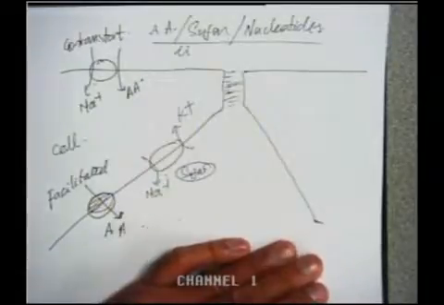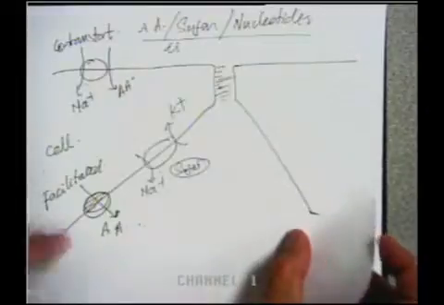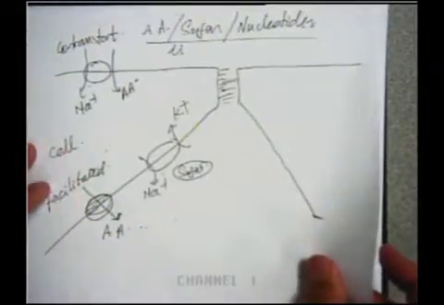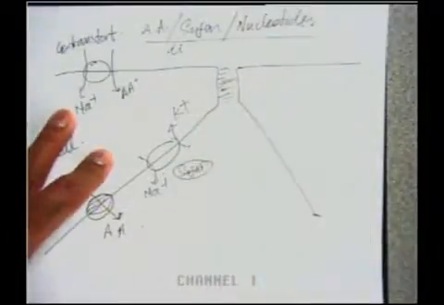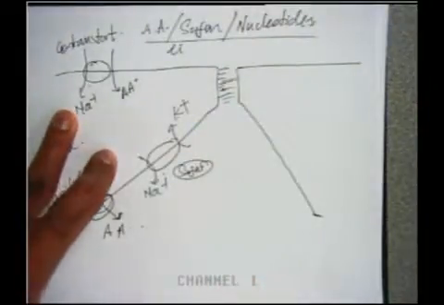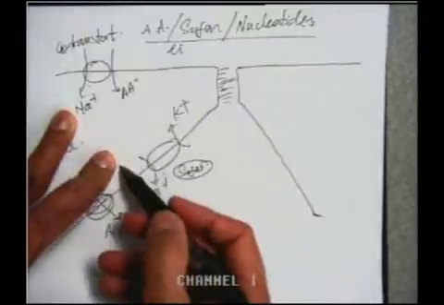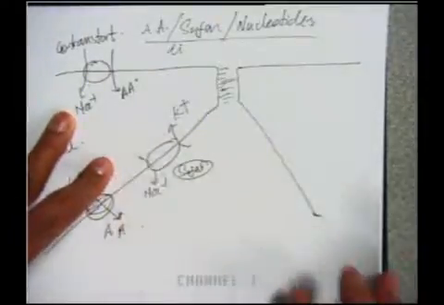Anything else? So that's one part which I want to explain to you about the sugar and nucleotide. Also, you have DNA, nucleic acid, or RNA, whatever that contains the nucleotides, that also is transported by the same mechanism, a nucleotide transporter, an active transport mechanism. Okay.